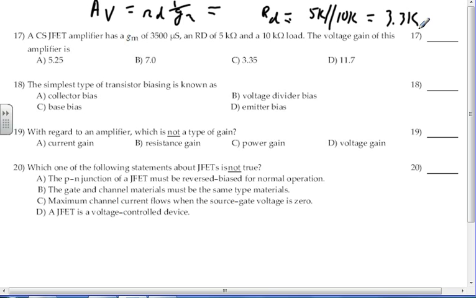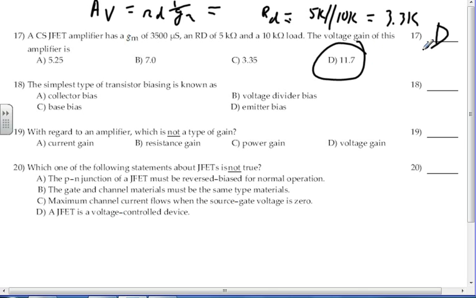So 3.3K times 350 E minus 6. That can't be right. Huh. 11.7. D. Delta.